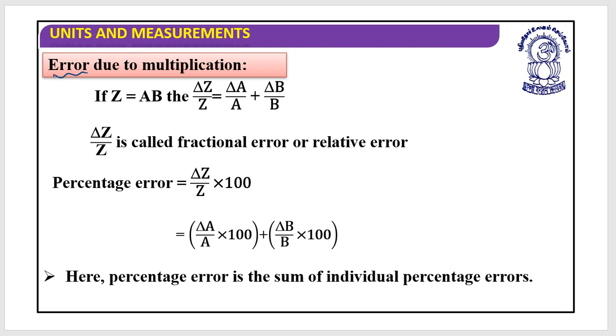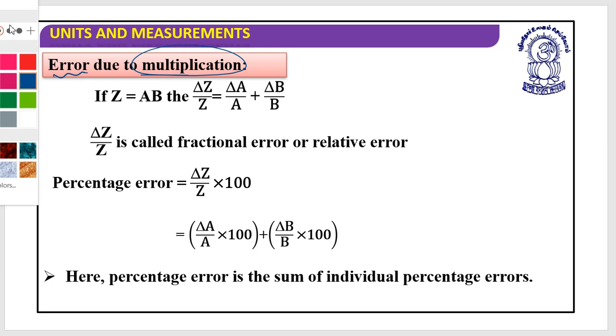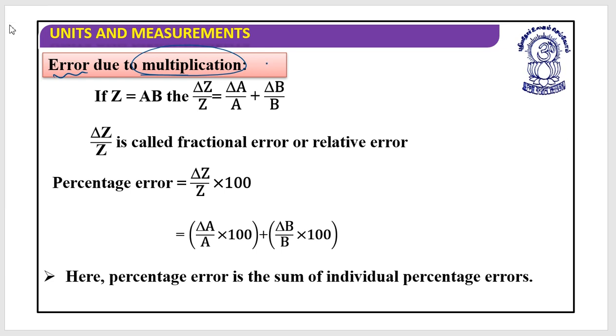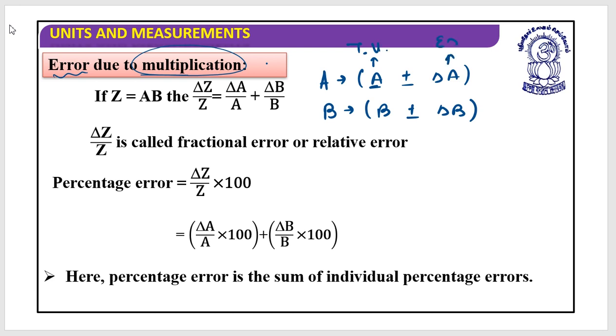Let's begin with the errors due to the multiplication process. Firstly, we are going to discuss the error due to multiplication. Let's say we measure a certain quantity, which can be determined as A plus minus delta A, and we measure a different quantity, given as B plus minus delta B. You know that A is the true value and delta A is an error.